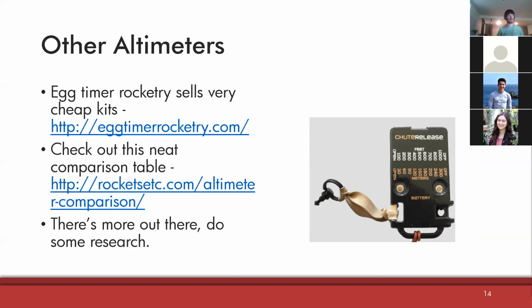And I also found a neat comparison table of a whole bunch of different rocketry altimeters that I think I originally found on rocketry forums. But even if you're not thinking of getting one for yourself, it can be interesting to see what kinds of altimeters exist and what features are common in other ones.